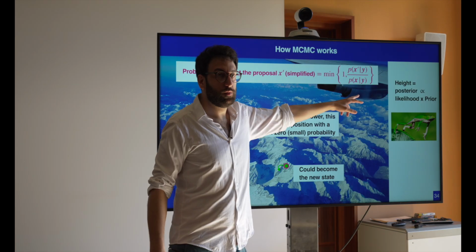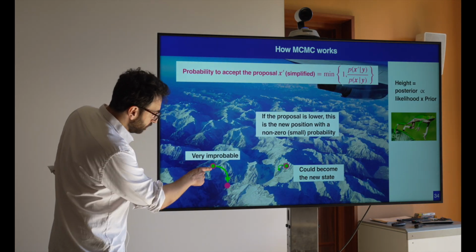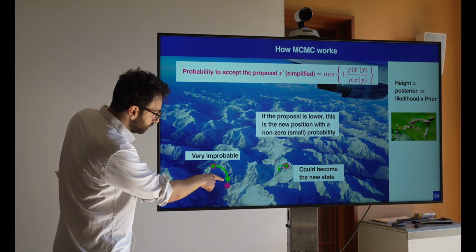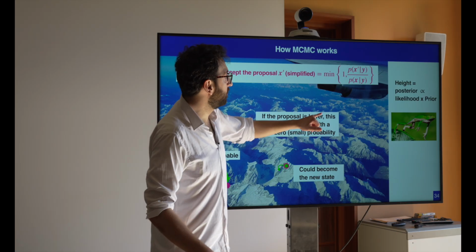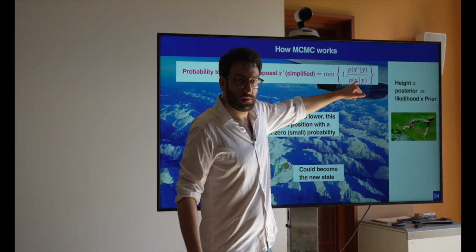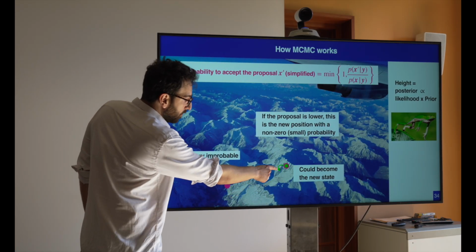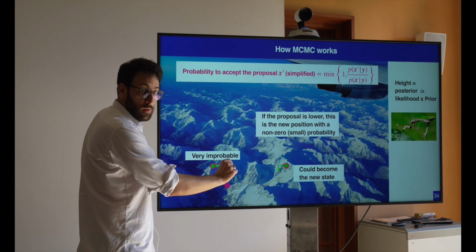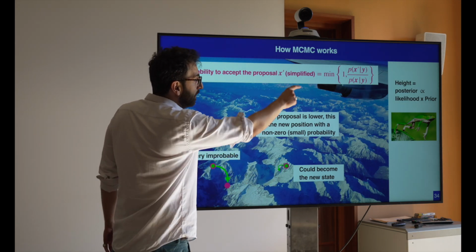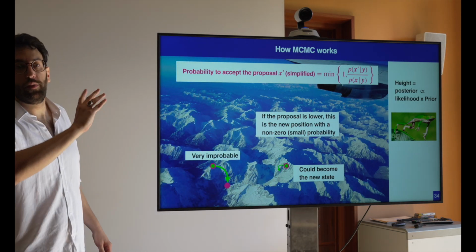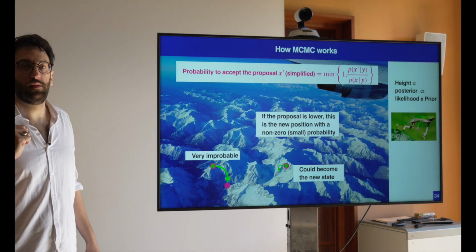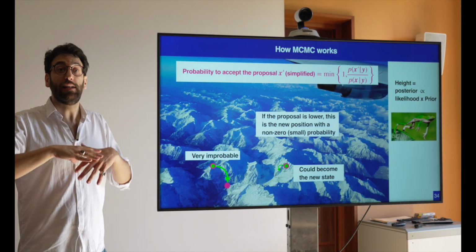It's the ratio of the two probabilities. So if you go from something very high to something very low, and this ratio is very close to 0, it's very, very improbable to go there. But if you go just a little bit below, then the probability to go there is still 0.3, 0.2, so it does happen.